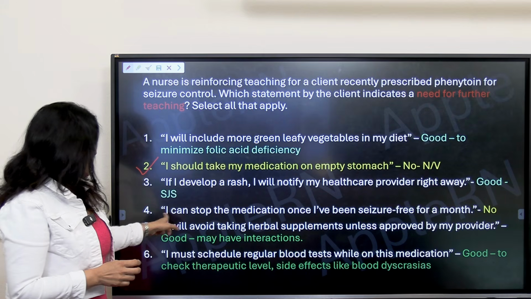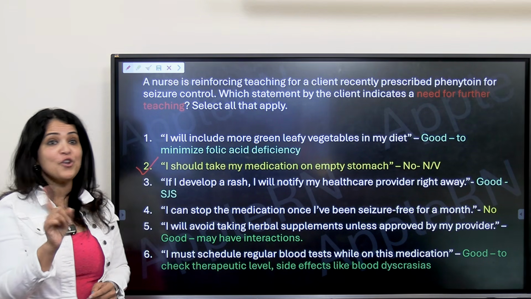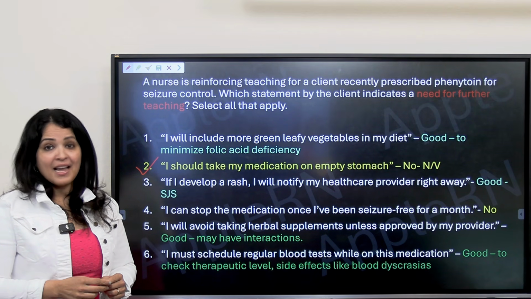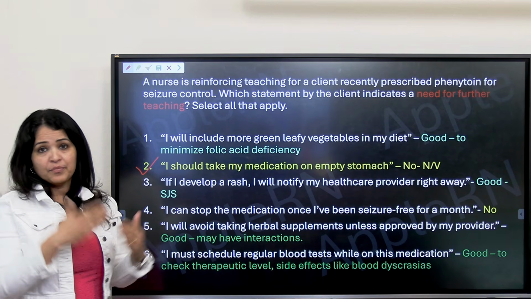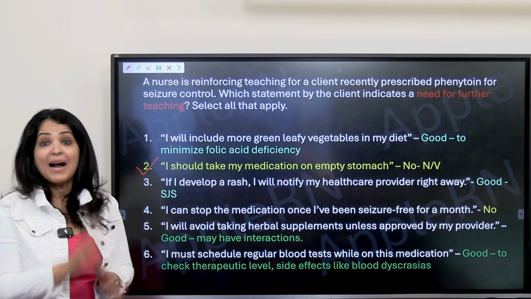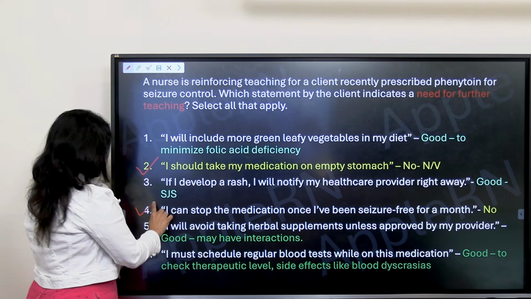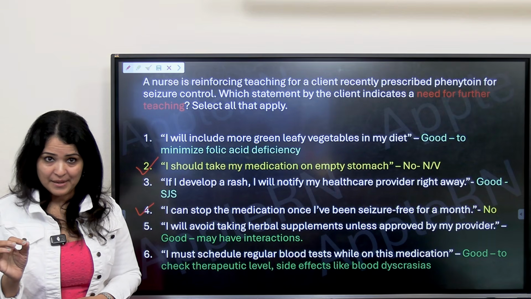Now, 4th one says, I can stop the medicine once I have been seizure-free for a month. No. You cannot stop this medicine yourself. This is going to be a continuous management of the seizure activity. So no, they cannot stop it. So this is again going to be our answer because we are looking for something bad.